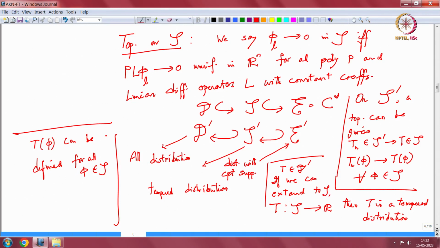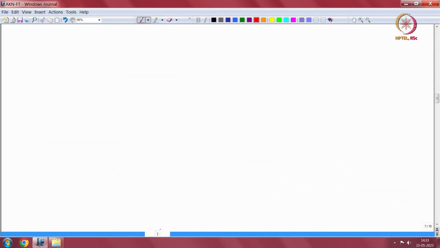So, every distribution with compact support is tempered. That is trivial because you already have an extension. So, with that we will move on to something.